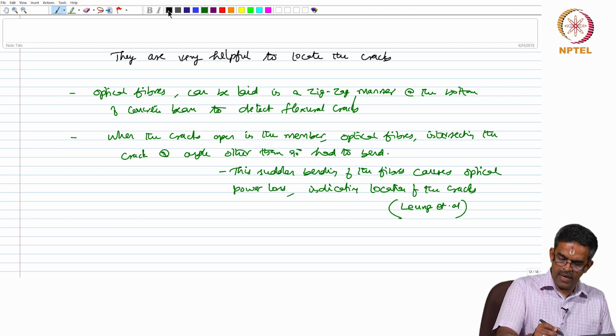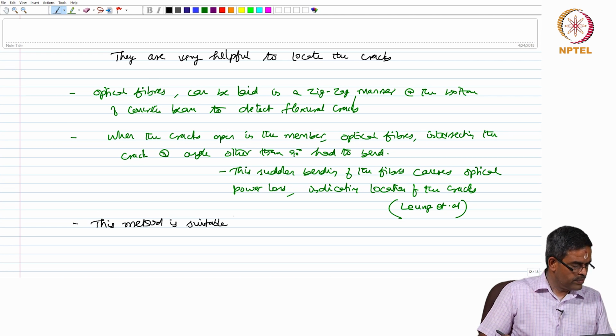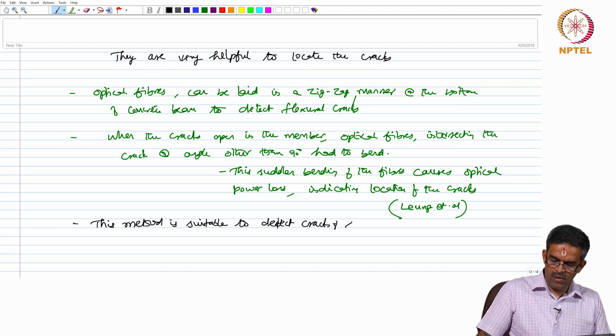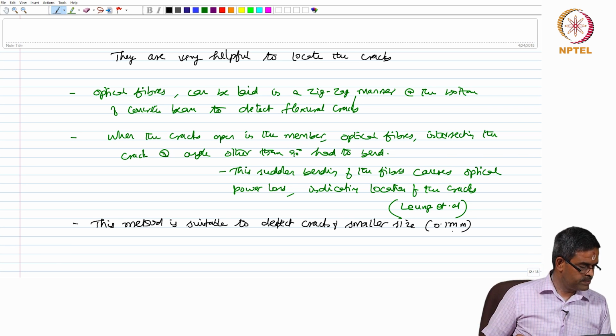This method is very highly suitable to detect cracks of smaller size, let us say about 0.1 millimeters.